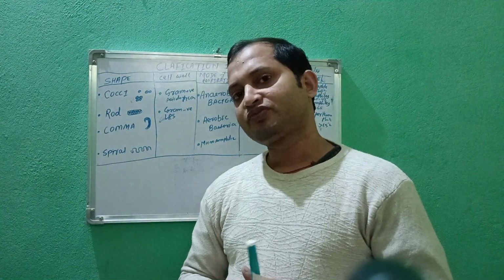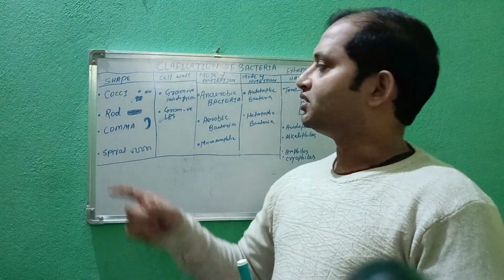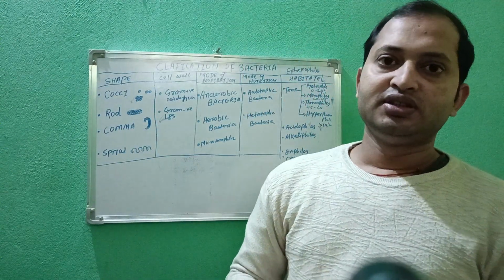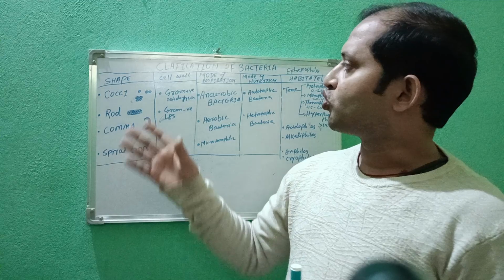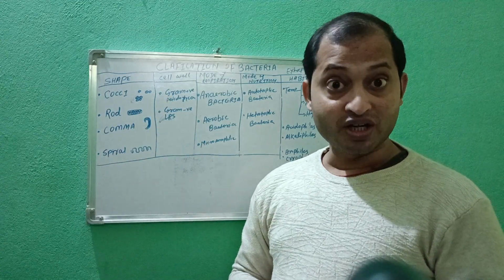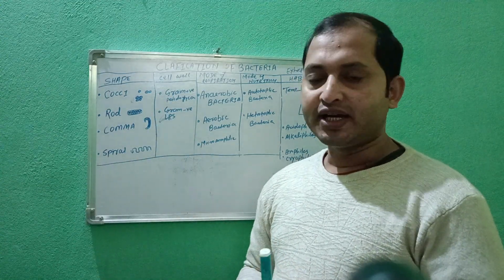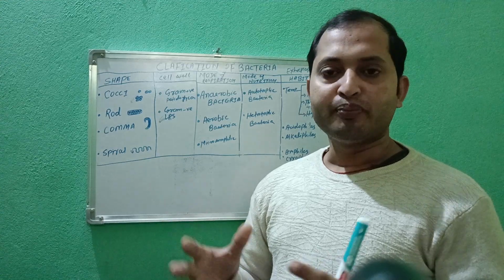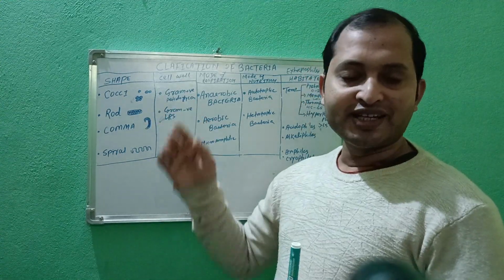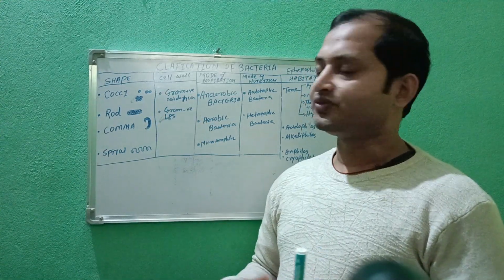For example, cocci seen singly are called cocci, in pairs are called diplo, in fours are called tetra, and in many are called bunch.